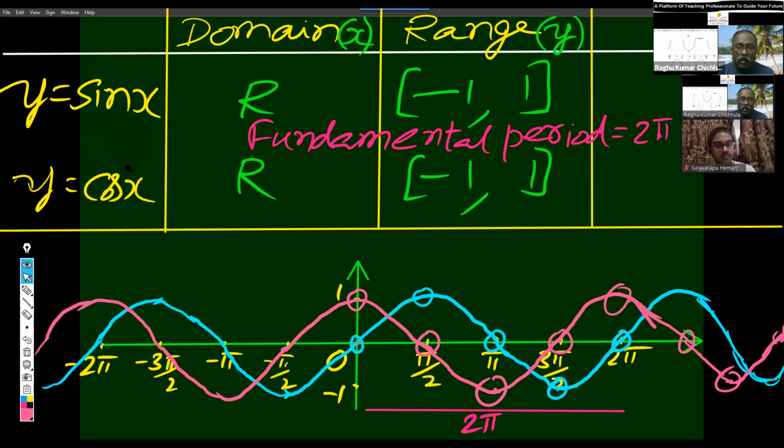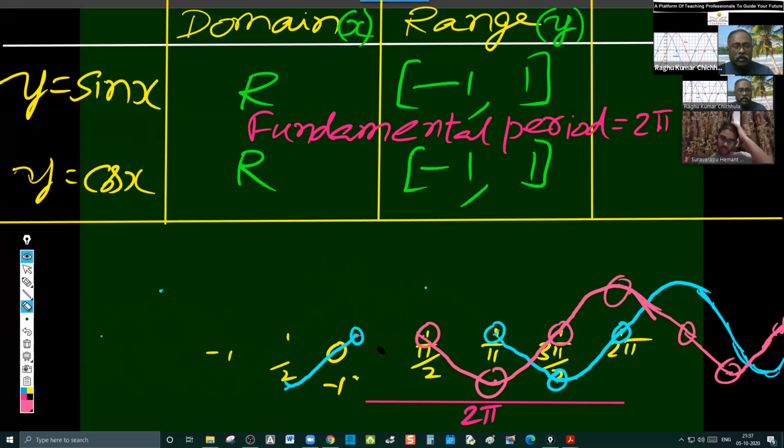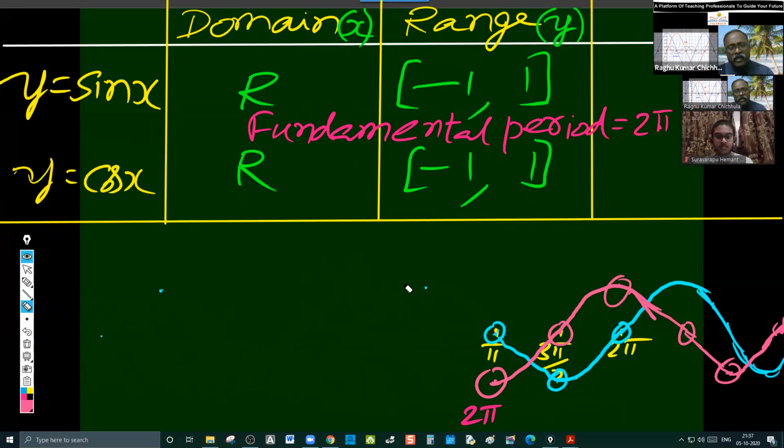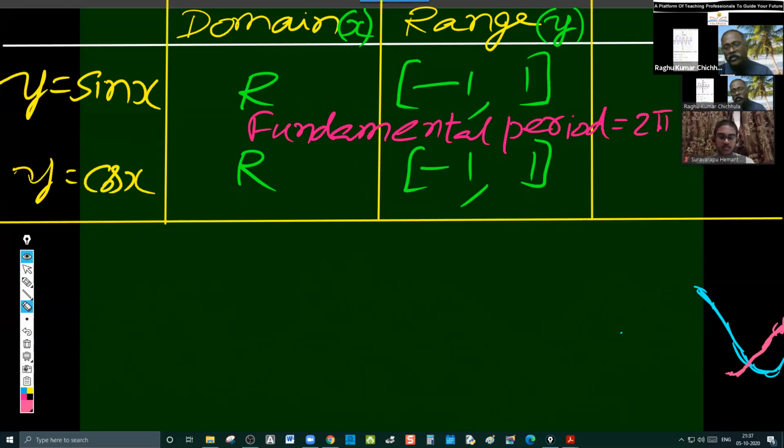Okay, now let me move to the next part, that is tan x and cot x, the graphs of tan x and cot x. So basically, what is to be understood? The domain means you have to give such values to the function which are acceptable to the function. The values that are not acceptable to the function should be avoided.